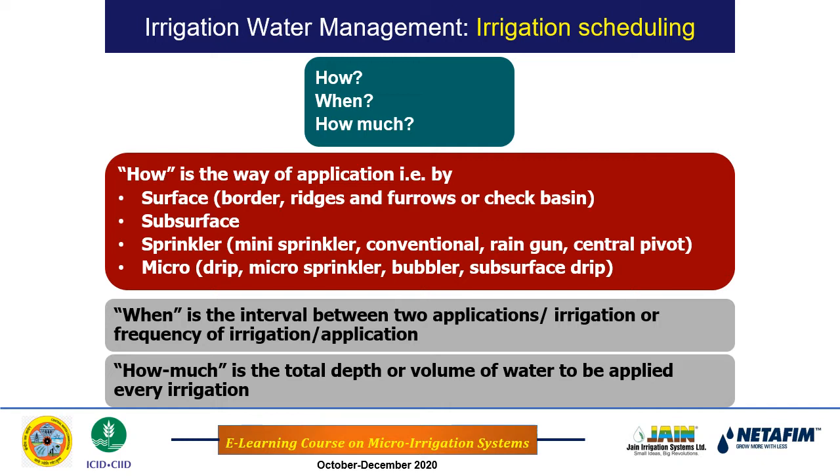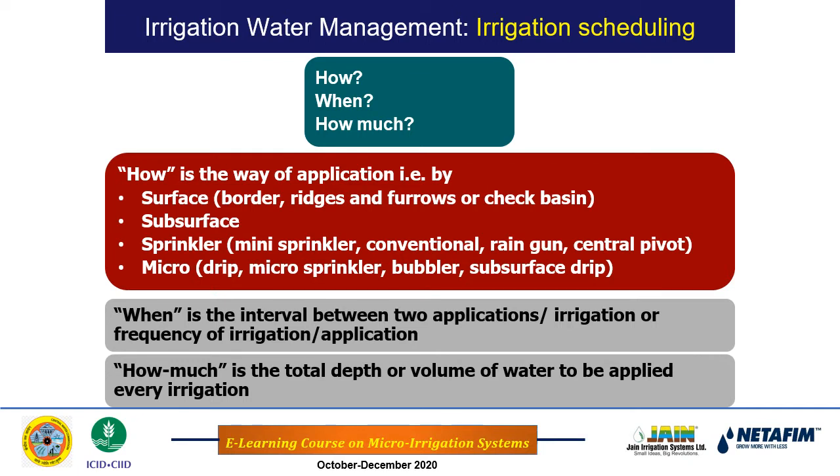How to irrigate, when to irrigate, how much to irrigate constitute the irrigation scheduling. All 3 questions are important, but the first question is the way of application. Basically there are 4 ways of applying irrigation water to the field. These are surface irrigation methods, in which there are border, ridges and furrows and check basins. Subsurface and sprinkler irrigation method: there are mini sprinkler, conventional sprinkler, rain gun and central pivot.